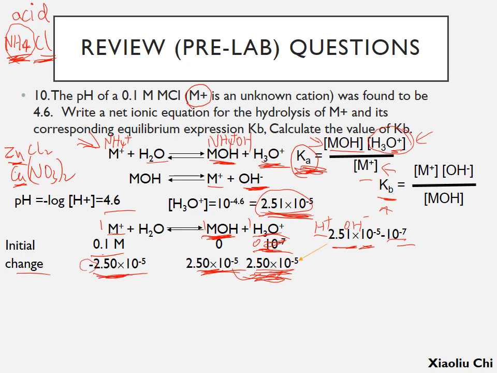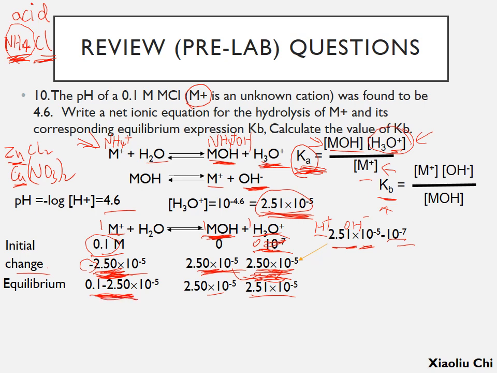The negative sign means you reduce this amount of the cation. So at equilibrium, you should use initial plus this change for the product. Same thing here for the product. But for the reactants, you should use initial minus this one because you reduce this amount. Okay, so that's the equilibrium.